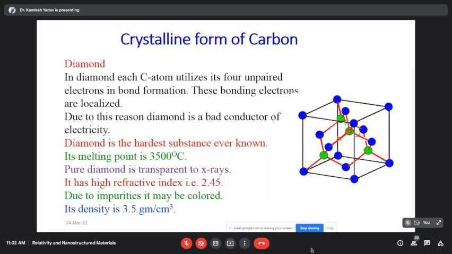This bond is sp3 hybridized. Therefore, in diamond there is no free electron. That is why diamond is a bad conductor of electricity.